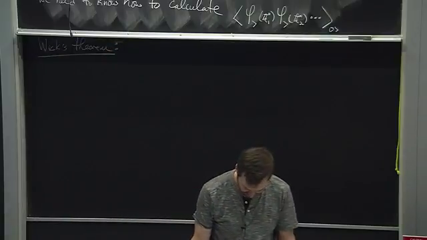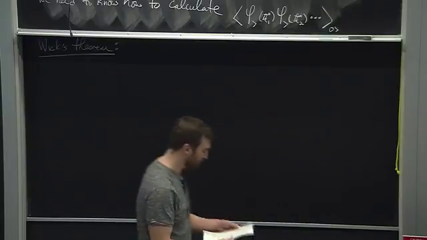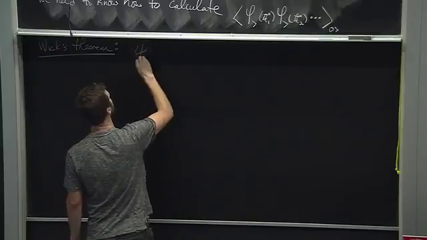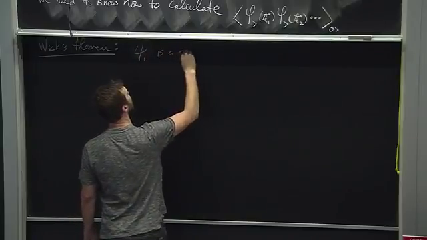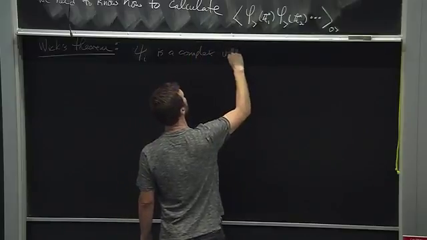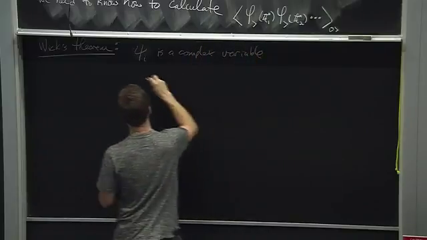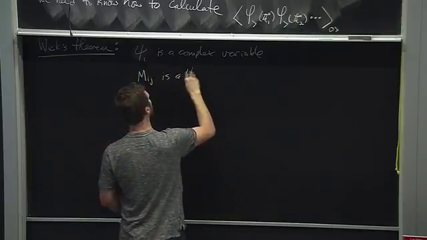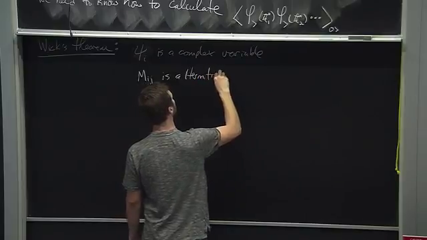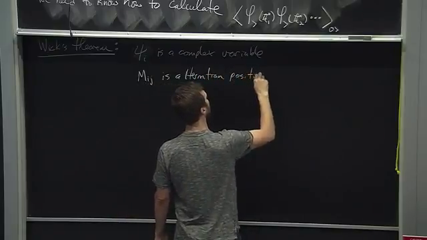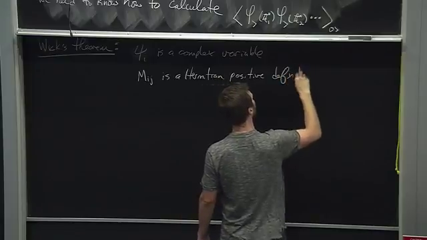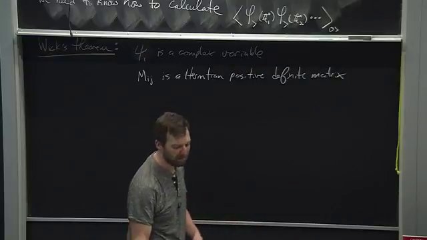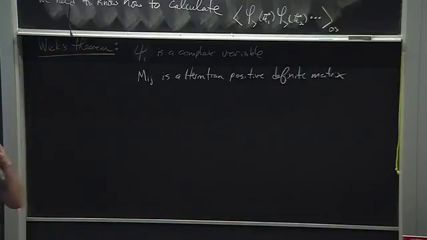There are various general ways that I've written this. The most useful, let me just imagine, maybe I have a complex variable. Let me call it something different, psi. And I have a condition on a matrix. Positive definite means what?